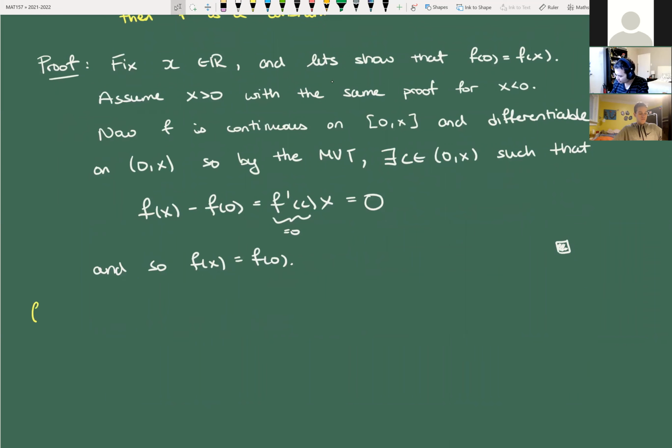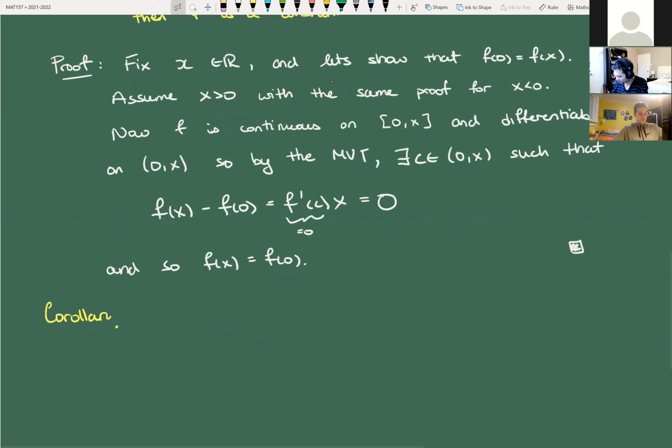Okay, an immediate corollary to this, which I am not going to prove this one. So an immediate corollary, if f and g are two real functions, such that, let's say, differentiable.